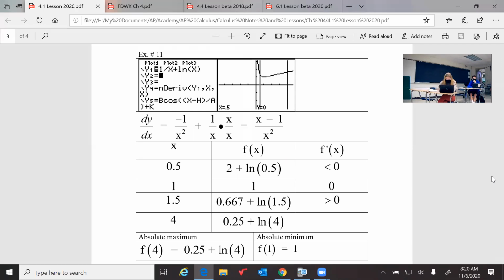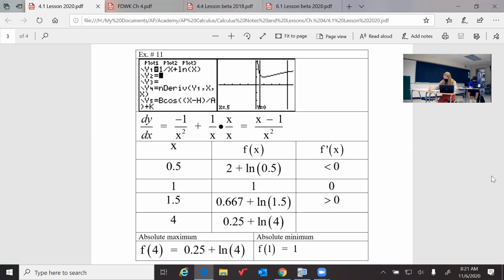This is an addition problem. So I'm going to add these. I multiplied 1 over x by 1 in the form of x over x to get a common denominator. And you get x take away 1 over x squared. That's the derivative. That's just algebra. Multiply by 1 so you can add the fractions.